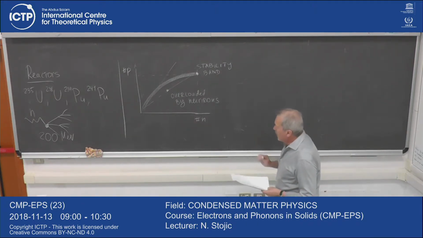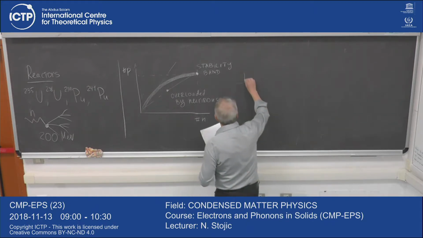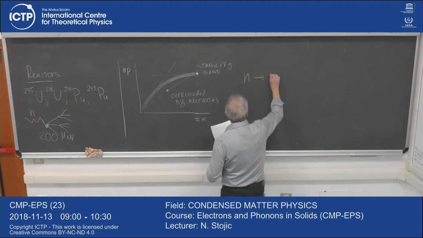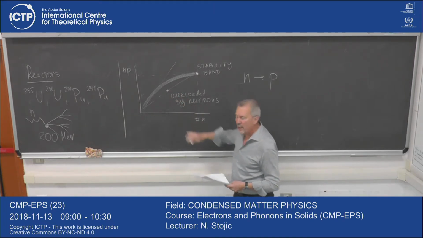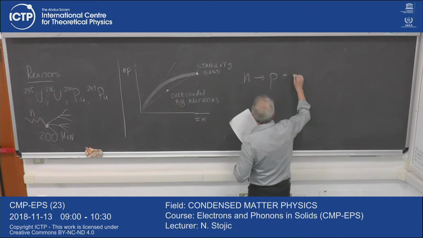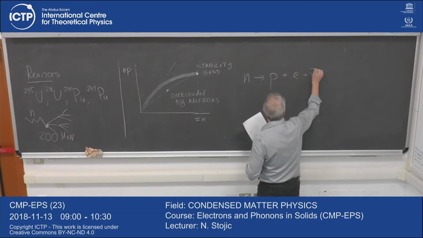Once you have nuclei overloaded by neutrons, they will undergo beta decay, which reduces the number of neutrons. So the dominant process inside these nuclei is the one we have already discussed, which is electron plus antineutrino.